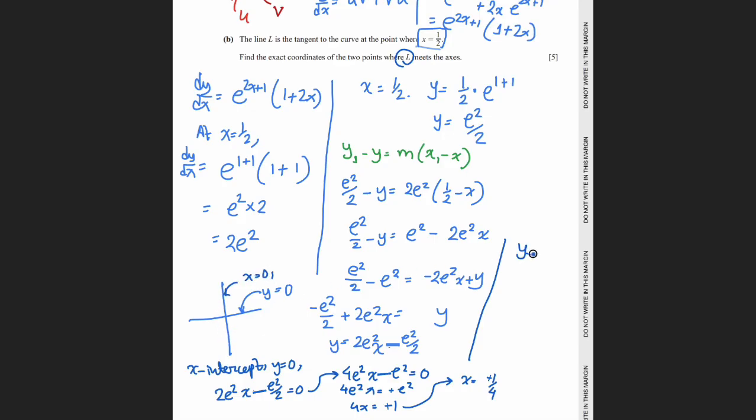So when x is equal to 0, this term becomes 0, and we are only left with this term. So our y equals minus e²/2. Now our answers are these, and that is our final answer. Whew, this was a good one. I like doing this math.